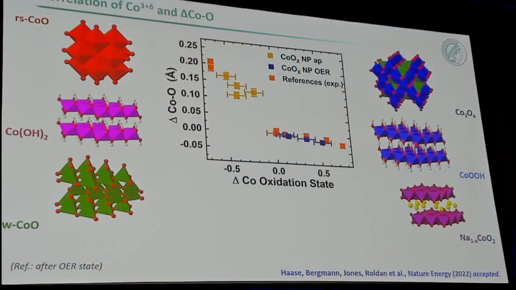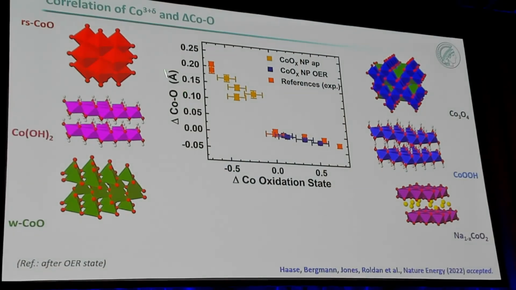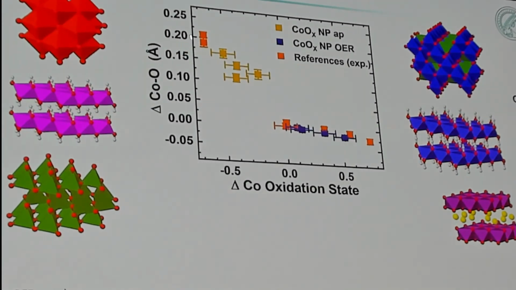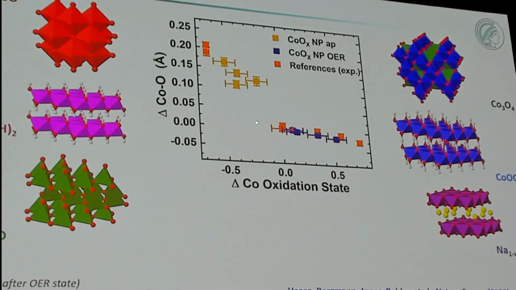So how do we look at this? We look at experimental data, at the cobalt-oxygen bond length and its change, and at the change in the cobalt oxidation state. The reference in orange are typical compounds with either cobalt 2+ or cobalt 3+ oxidation state. The blue ones are the experimental data under OER conditions for the different particle sizes, and here in yellow are the data of the as-prepared particles.